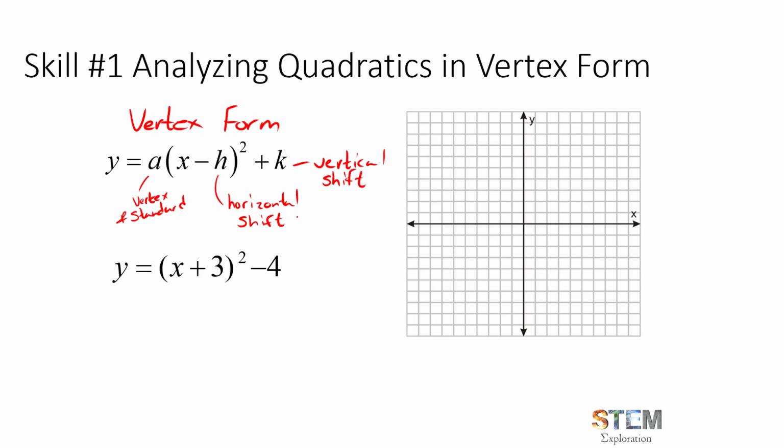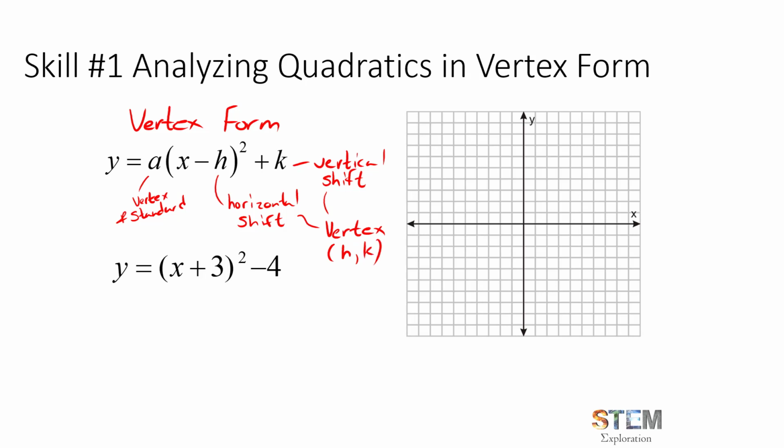With that information, we can combine those things just like we've done with absolute value equations and understand that the vertex is going to be represented by h comma k in any of these situations.